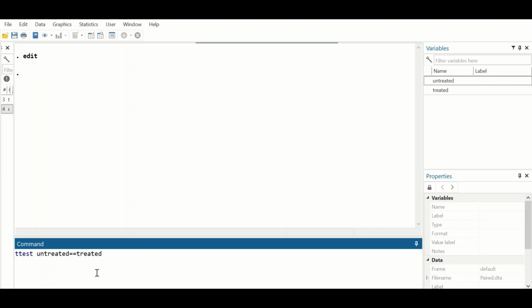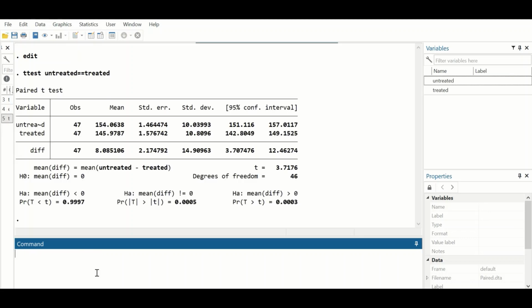So this is a paired t-test showing that we have two sets, untreated and treated, and we're trying to find whether there is a difference. If you click on enter, a table is generated as shown here for the paired t-test.